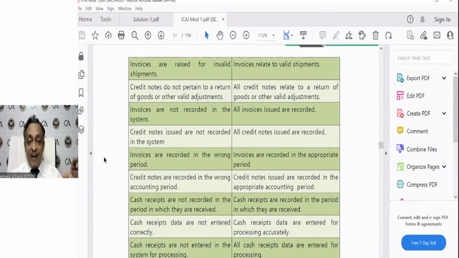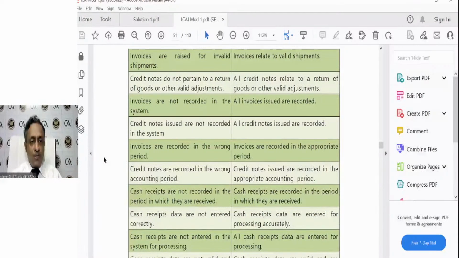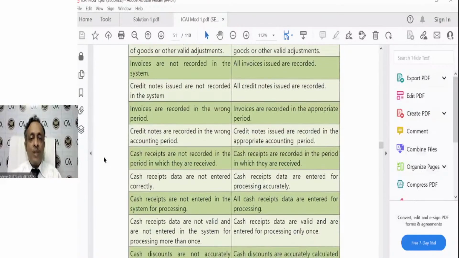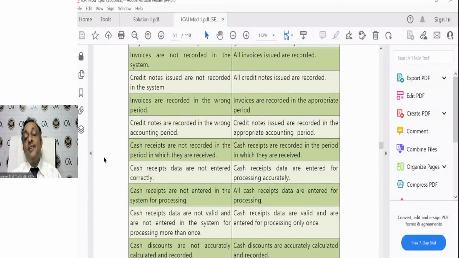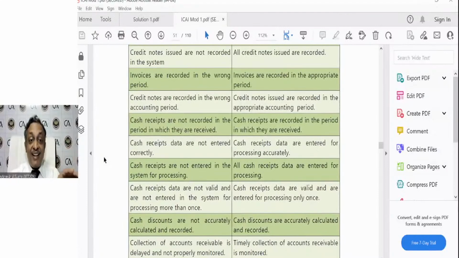Invoices, again, wrong period accounting, you have already said. Cutoff procedure, credit note, wrong period accounting. Cash receipt not recorded in the period in which they are received. So again, it's a cutoff related issue. Cash receipt data not entered correctly. Fraud, error, all things are possible. Cash receipts not entered, it's a fraud.